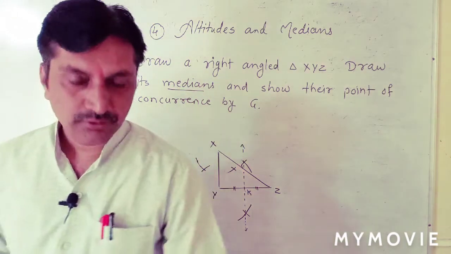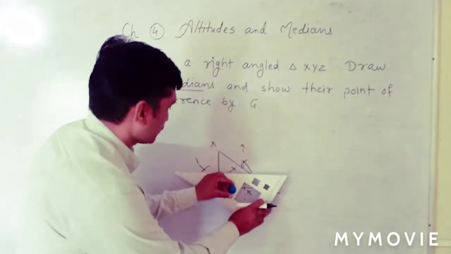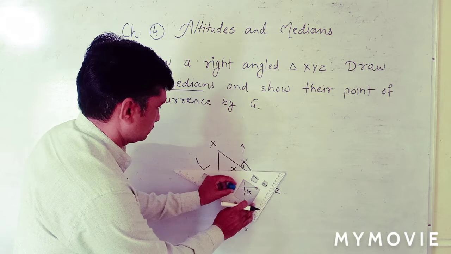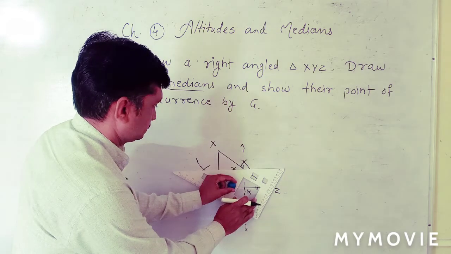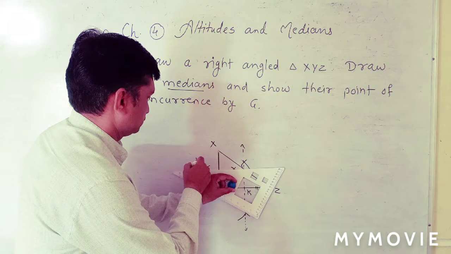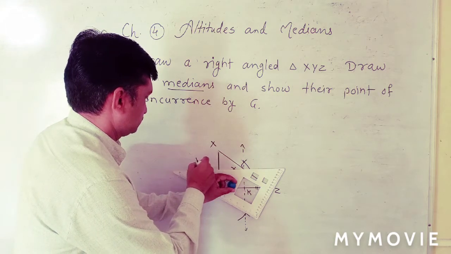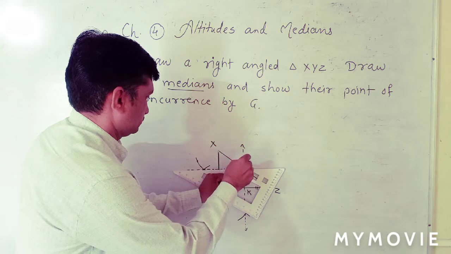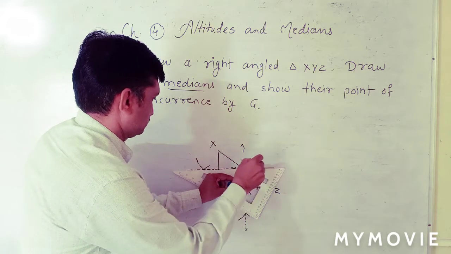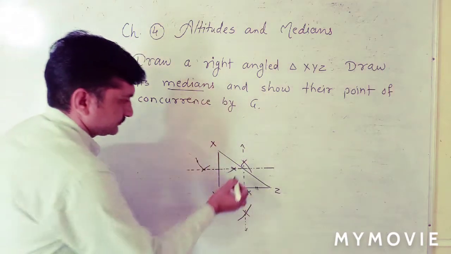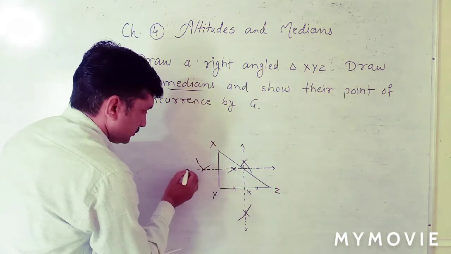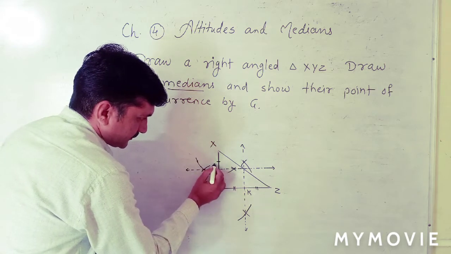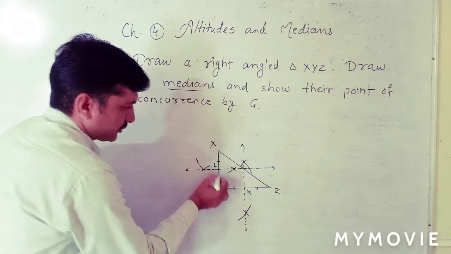Now draw a line passing through these intersection points to get the midpoint. Here is the midpoint again. Okay, L I write here. L is the midpoint, with identical marks.